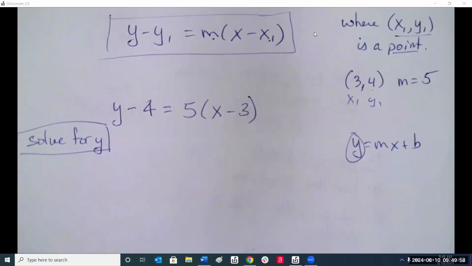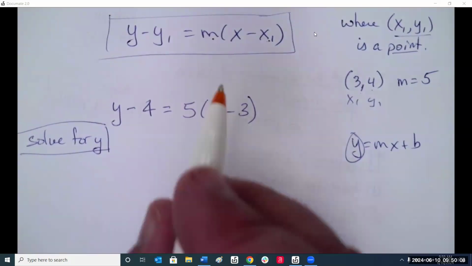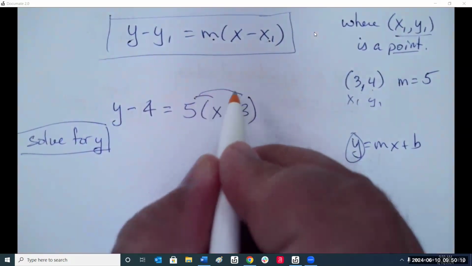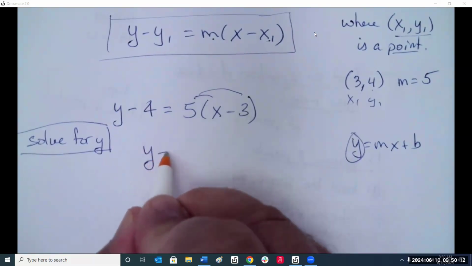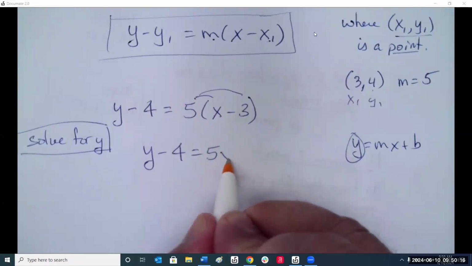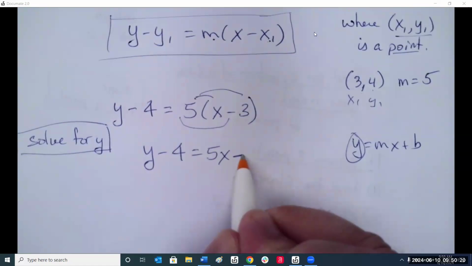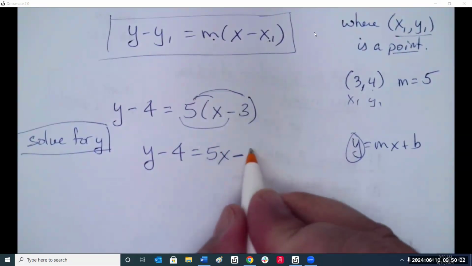What do we have to do first? We have to get rid of the parentheses first. So we distribute y minus 4. 5 times x is 5x. Positive times negative is negative. 5 times 3 is 15.